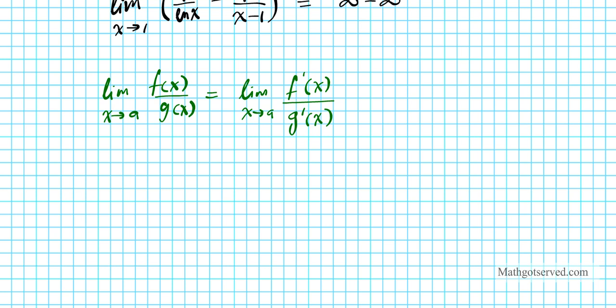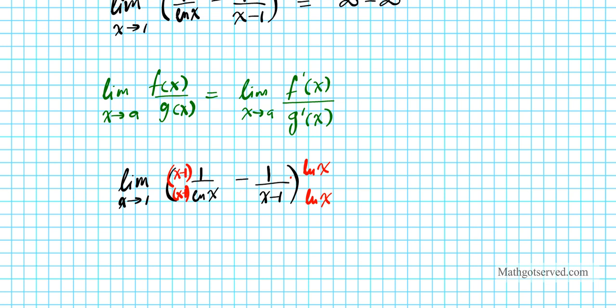So what we can simply do here is find the LCD and combine the two fractions. So the limit as x approaches 1 of 1 over natural logarithm of x minus 1 over x minus 1. The LCD is ln x times x minus 1. So I'll multiply the right side by natural logarithm of x, top and bottom, and this side I'll multiply by x minus 1, top and bottom, so I can find the LCD.